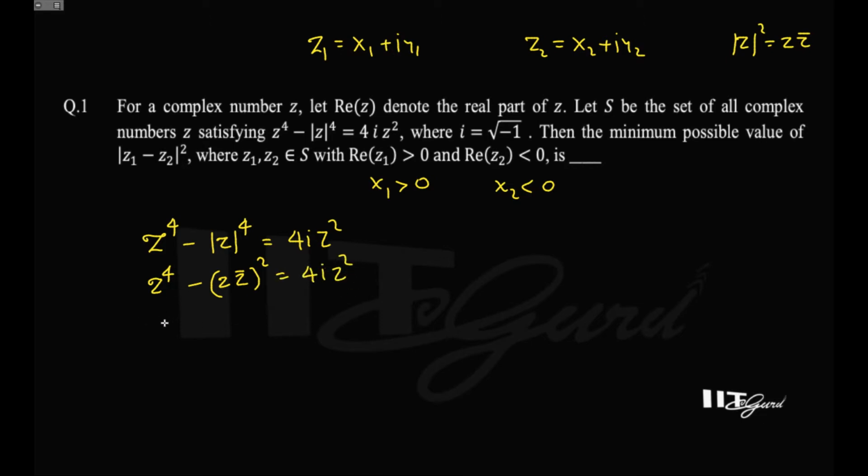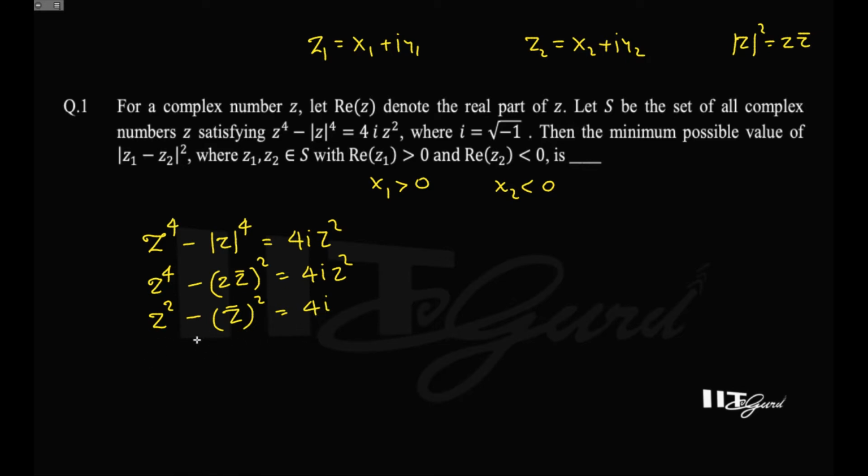Now dividing by z square, z square cancels, so we can write z square minus bar z whole square equals 4 iota.